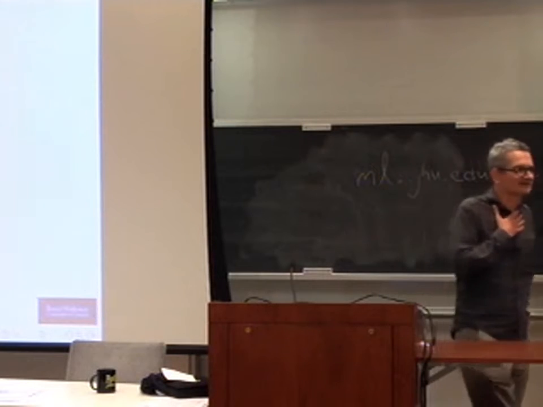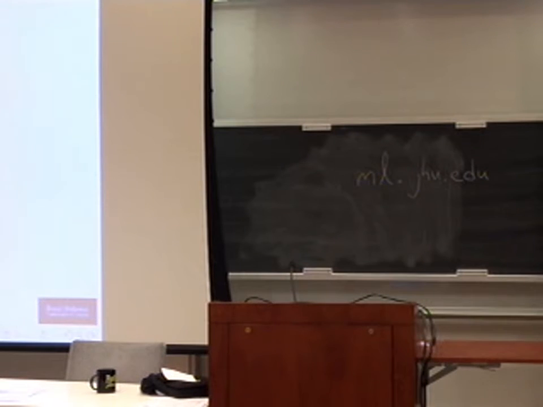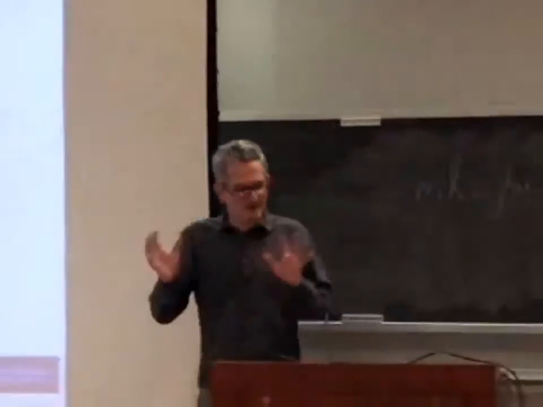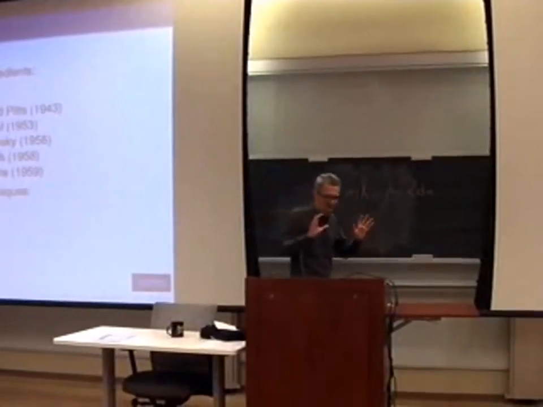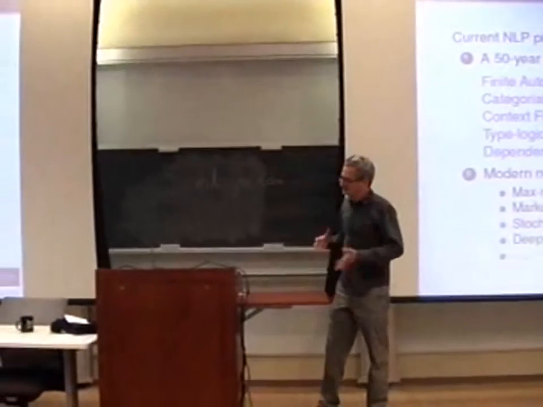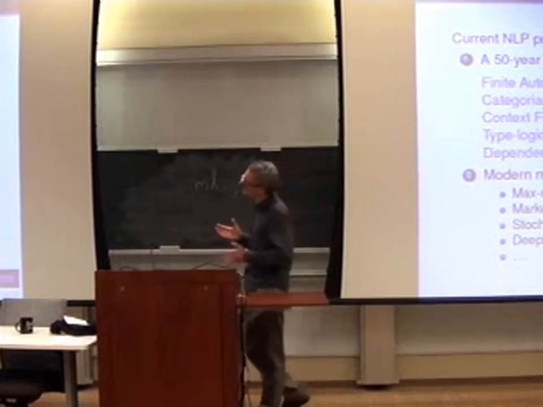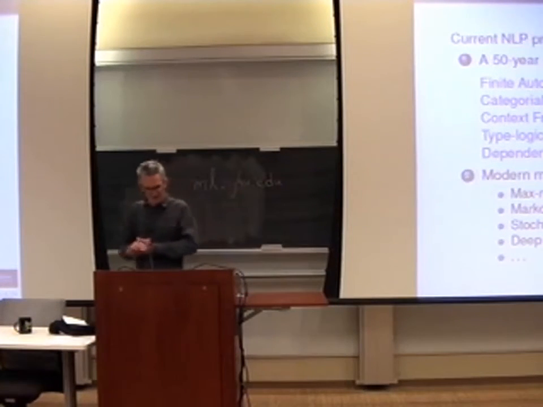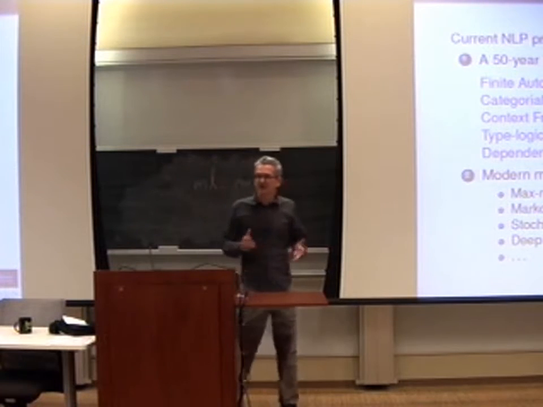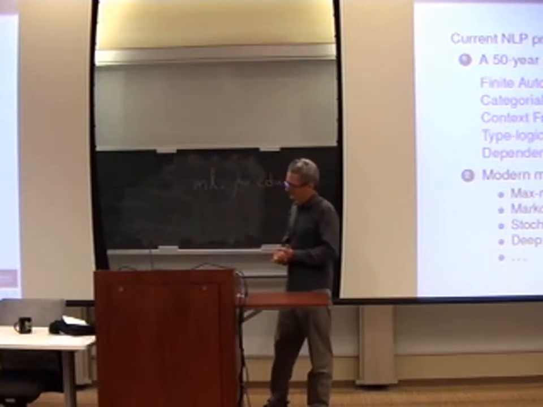From my slightly biased perspective, modern NLP is typically a combination of two ingredients. The first is a representation, which is typically at least 50 years old. Finite automata go back to the 40s, and the other major representations that are used were developed in the 50s.